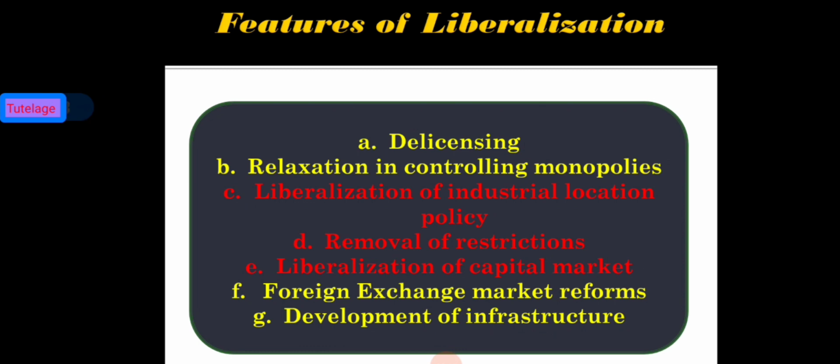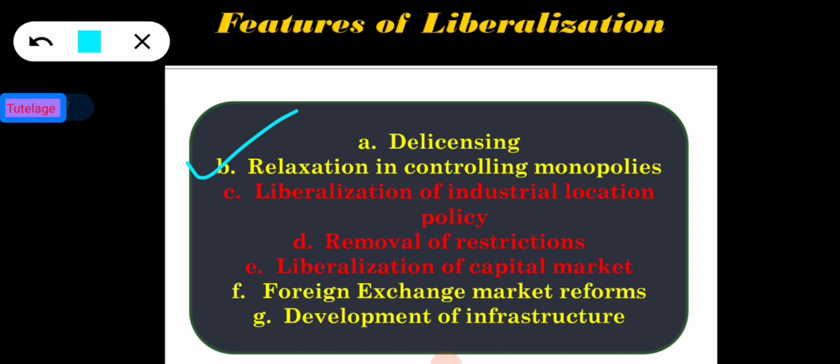Now going to the second point, that is relaxation in controlling monopolies. Under the Monopolies and Restrictive Trade Practices (MRTP) Act, all firms with assets above a certain amount, 100 crores, since 1985 were permitted to enter selected industries only, and they were required to take approval of the government for any investment proposal.